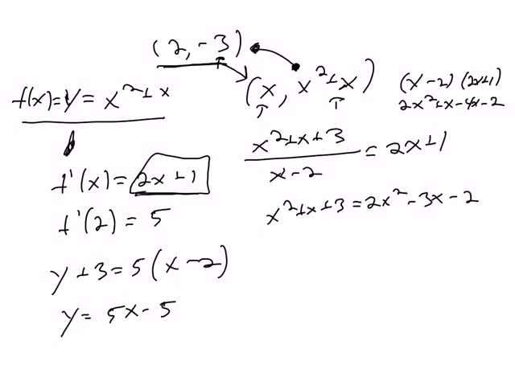So let's get everything on one side. So we're going to get negative x squared. No, we could take a negative 2x from both sides.